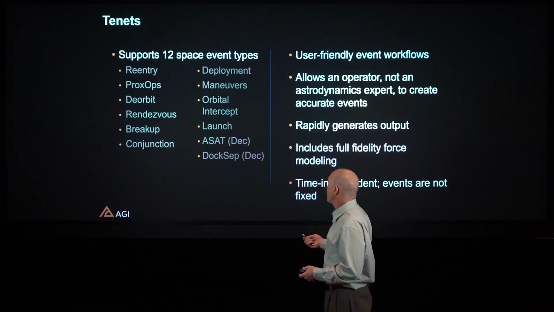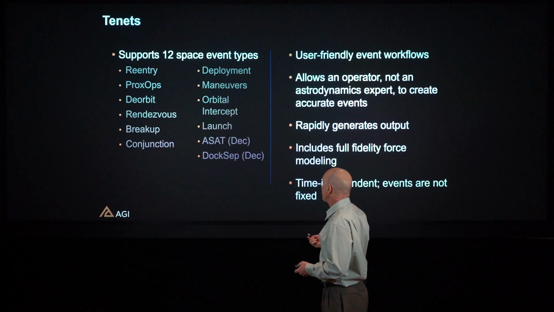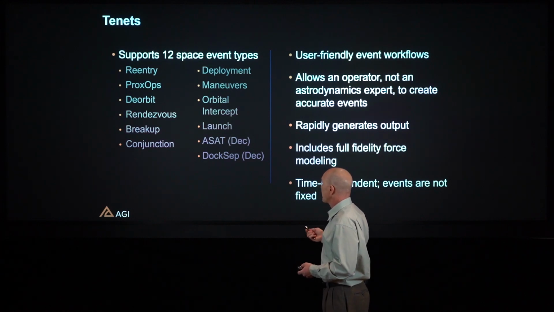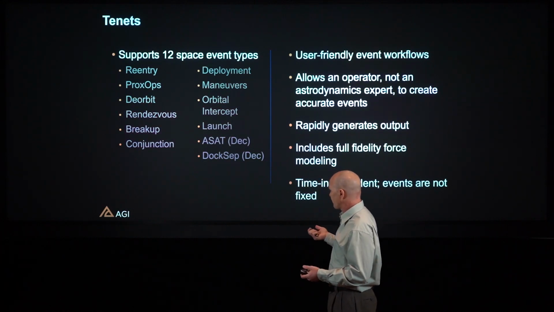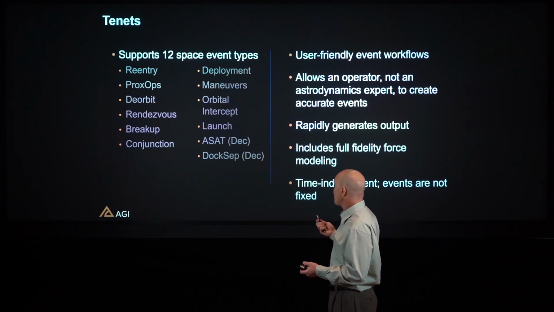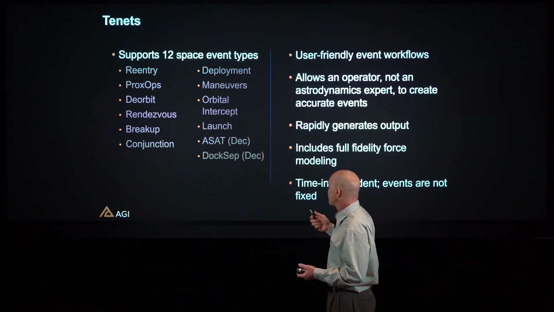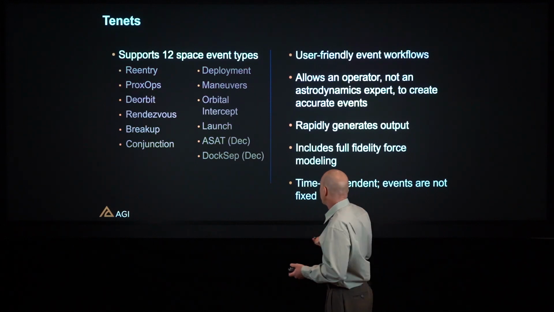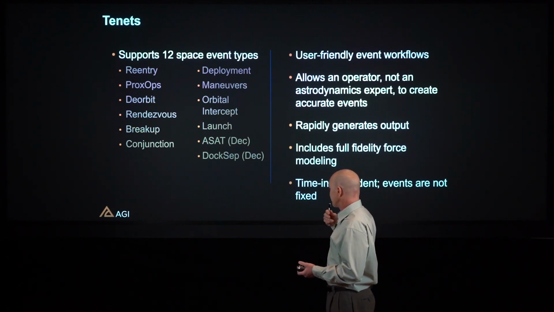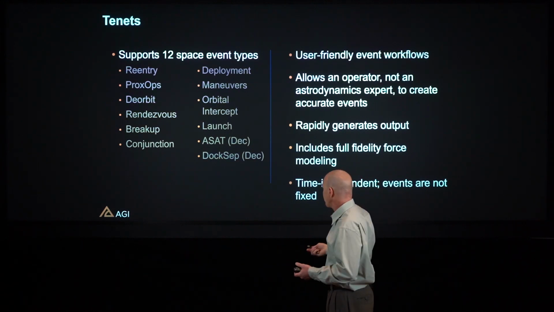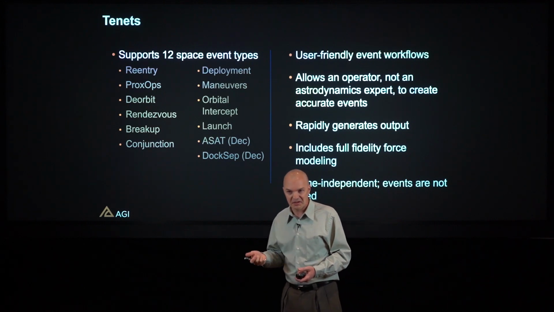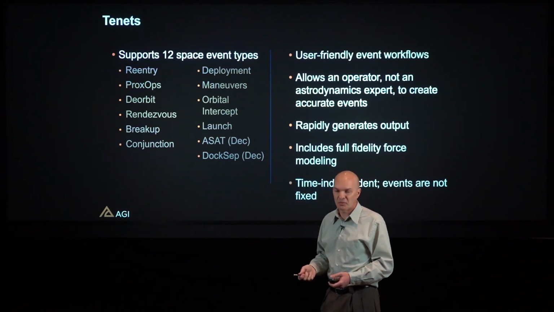So SEG meets the requirements for scope by supporting 12 different space event types: reentry, proxops, deorbit, rendezvous, breakup, conjunction, deployment maneuvers, orbital intercept, which is co-orbital ASAT, launch, and the next two events that are coming up will be direct descent anti-satellite, and docking and separation.